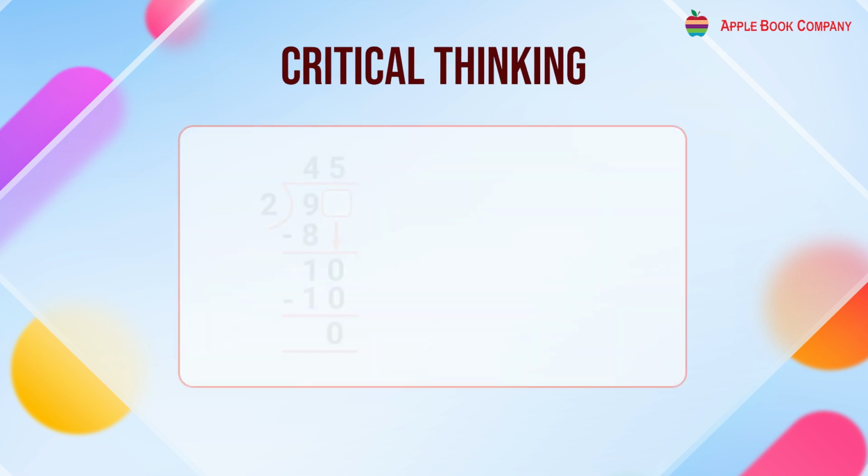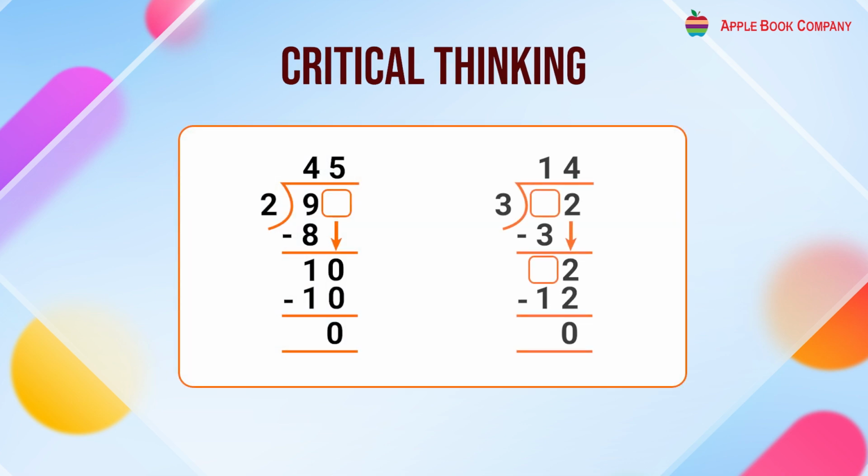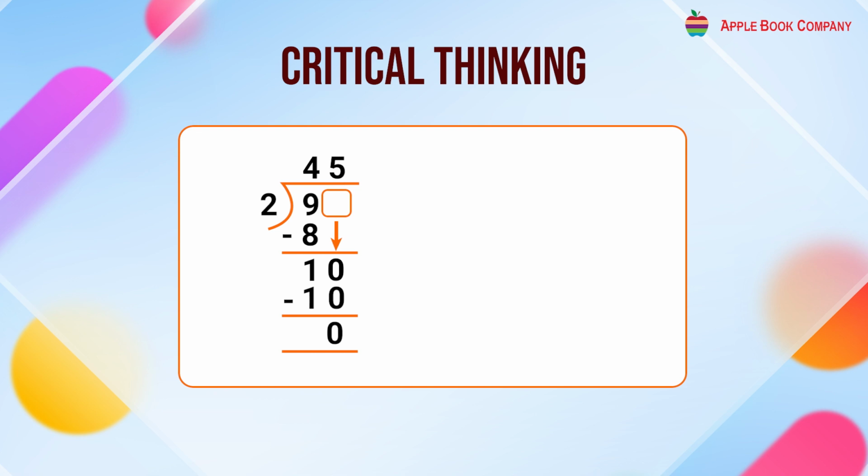Critical thinking. Fill in the missing numbers. So we have 9 and dash. We don't know the number here, but we have the remainder as 0 and the quotient as 45. So when we multiply the quotient with 2, we will get this missing number. So 45 into 2 will give me 90, right? So write 0 there.